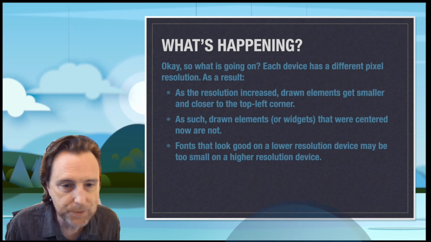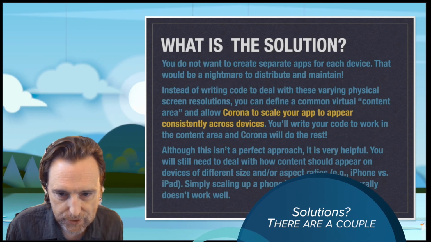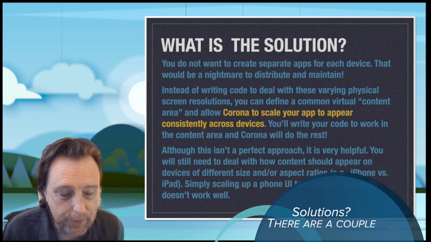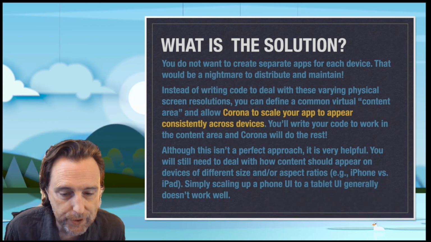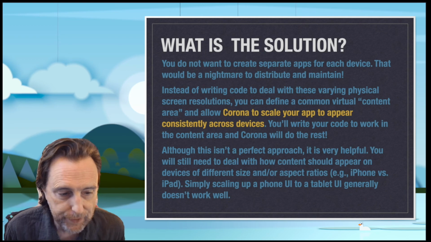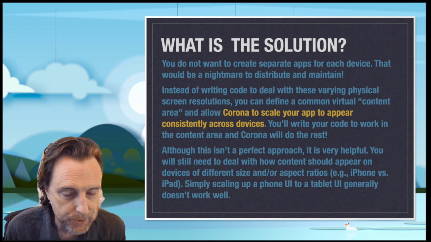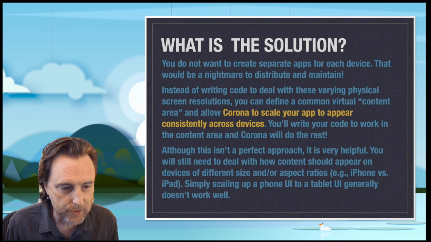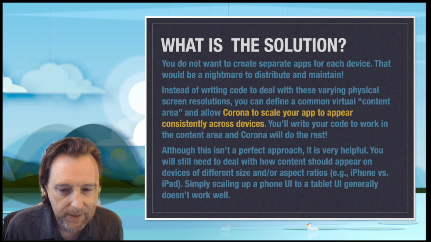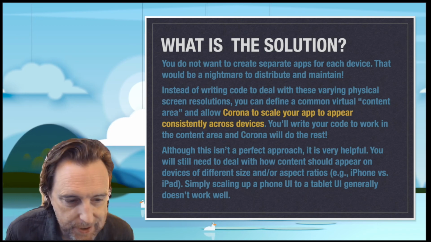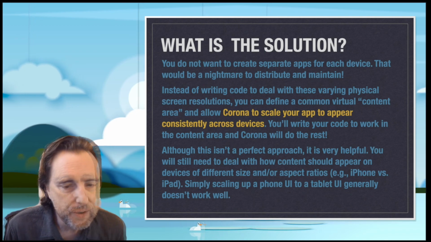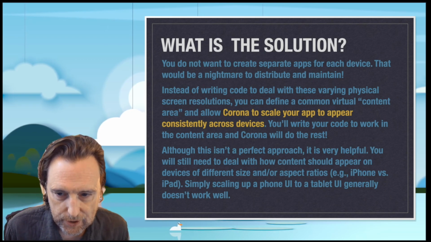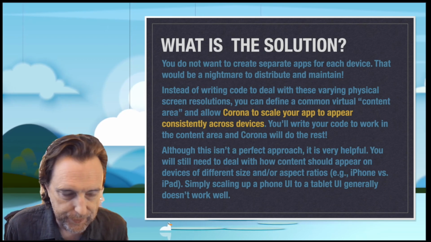So there's problems. The solution, well, ideally the solution would be that the device just magically scaled your interface and made it look fine no matter what device it was on. The problem in practice is that's a little bit harder than it might seem. Solar 2D can scale your content using one of three different scaling approaches to try to make it look good on all the different devices.